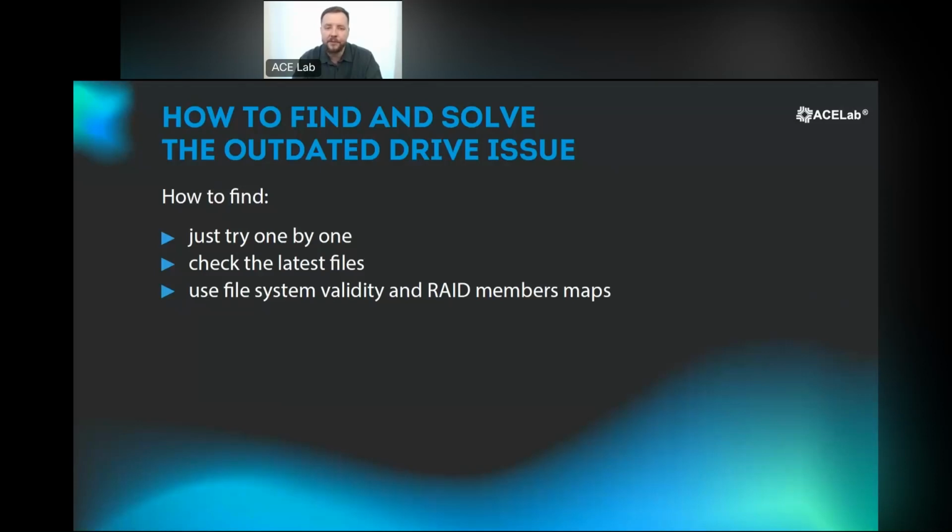So sometimes it's not so easy to understand. There is a statistical approach. You will grab information about all files and try to understand in a statistical way whether you have an outdated drive.